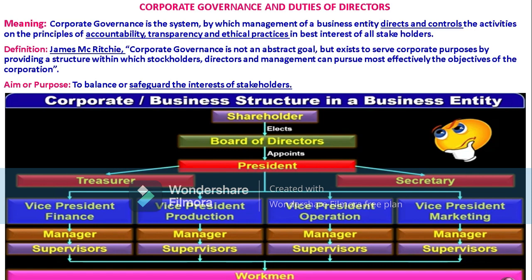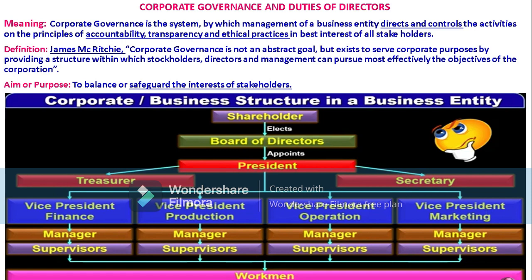For this purpose, corporate governance is important. Corporate governance seeks to ensure that directors behave in such a way that the shareholders' objectives are met.